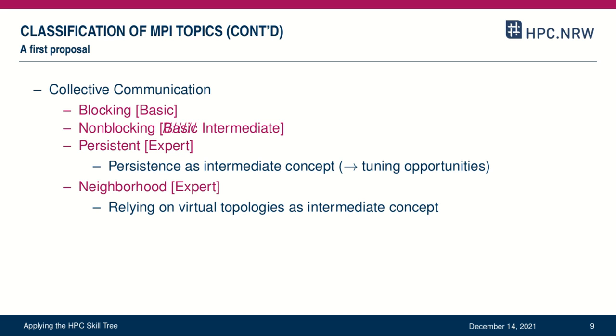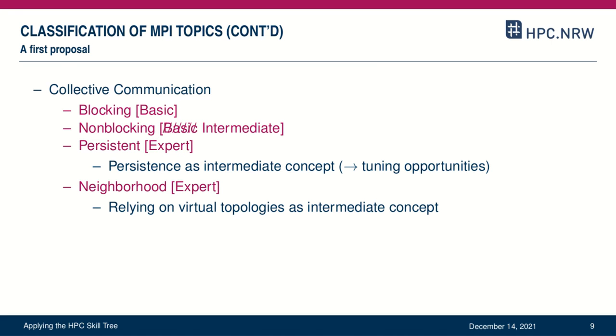And also now the neighborhood collectives, they ended up in the expert level classification, because at some point I had the virtual topologies as an intermediate concept. And then the idea is that you introduce the concept and have a basic understanding of how to use it, which would be, for example, in point-to-point communication.